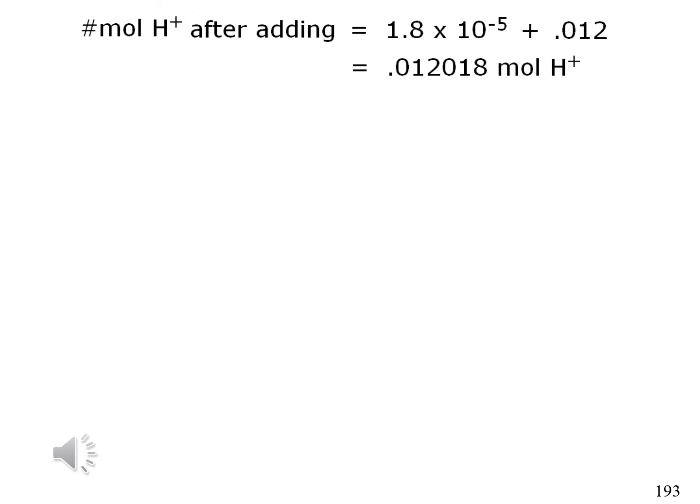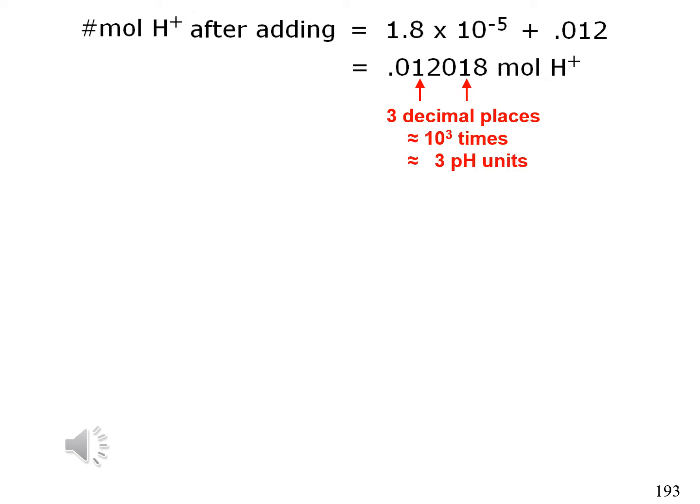The amount you added is the 1.2, which means you added a lot more than you started with. You actually added 3 decimal places over, and that's how much you added compared to what you started with. That means you added almost 10 to the third times or 1,000 times more H plus, and you would expect then that you would change by 3 pH units, like the exponent.